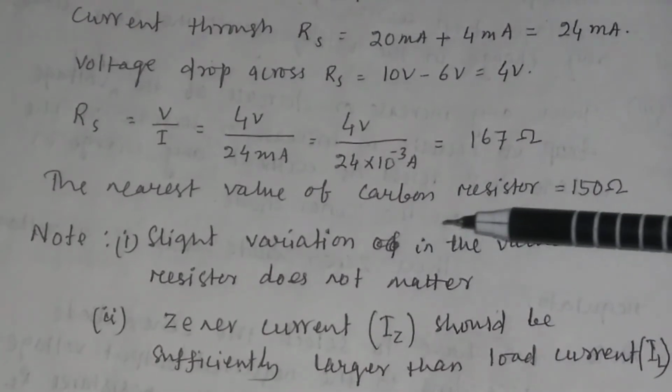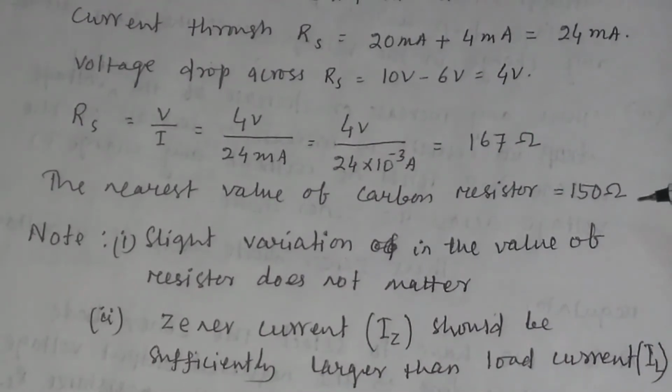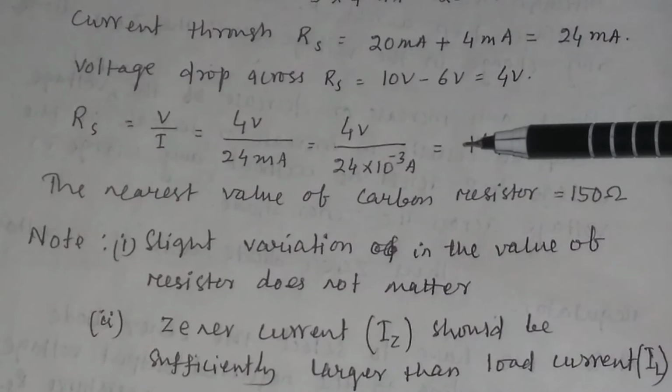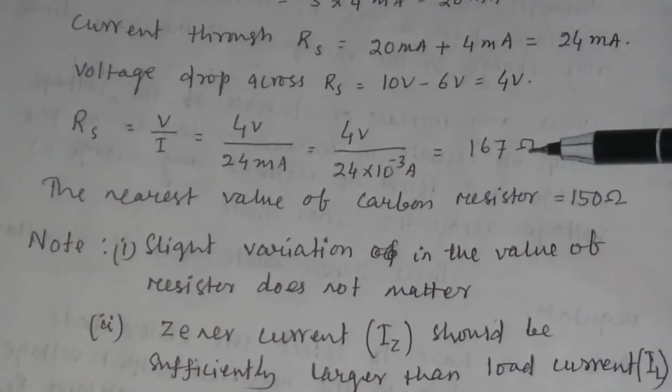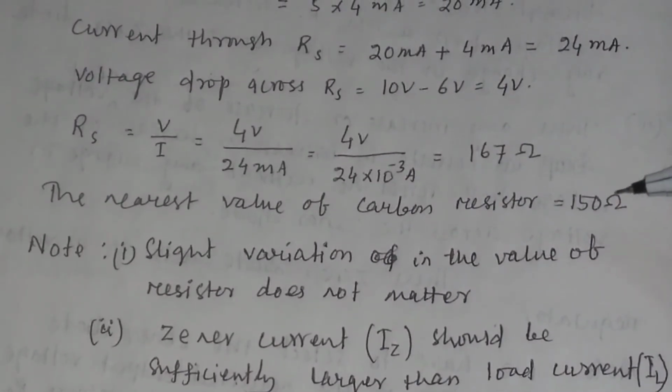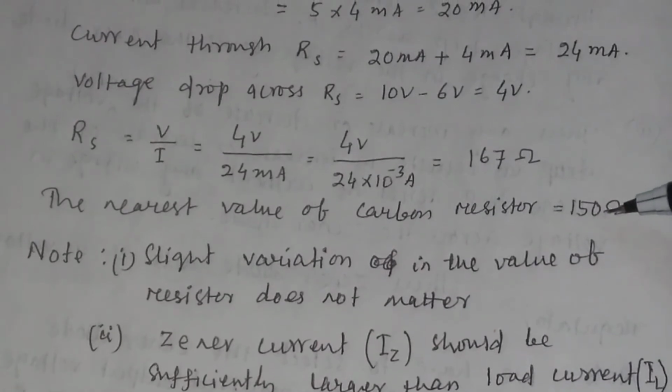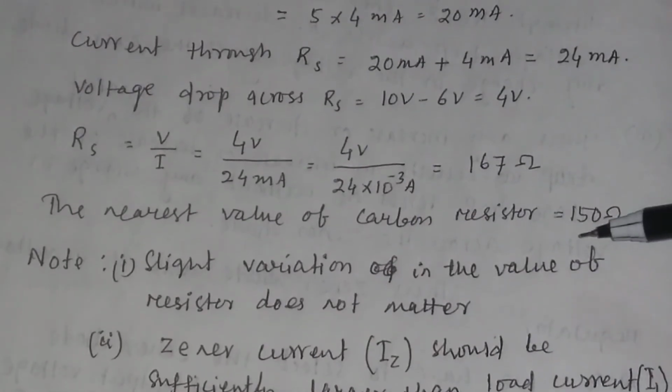But the nearest value of a carbon resistor is 150 ohm. You cannot get a resistance of 167 ohm in the market. So you will get a resistance of the nearest value, 150 ohm.